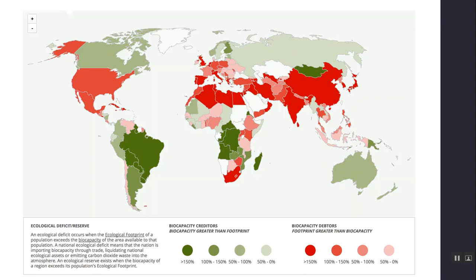Some countries are ecological debtors not because they have citizens who are using a ton of resources. It's just that their physical landscape makes it that they do not have very many resources. So a lot of places in North Africa, it's not the same circumstance as the US. The US has a ton of natural resources. A lot of those countries just do not have natural resources to use, and therefore they have to import a lot of things.